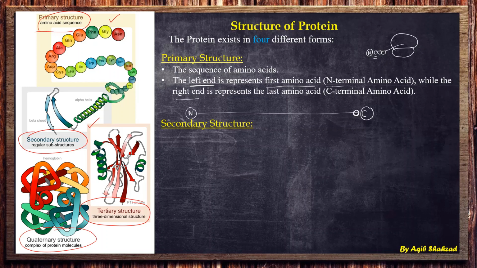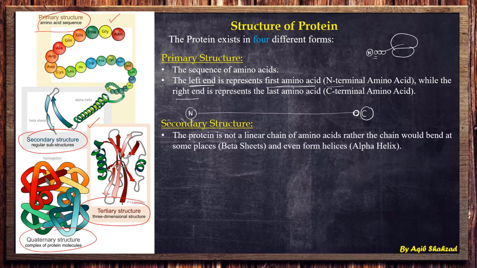Now, what is a secondary structure? In secondary structure, as we have already known, protein is not just linear, as we have seen here. Rather than being in a linear structure, amino acids join together and do internal bonding because of hydrogen bonding, hydrophobic interaction, and many other interactions.